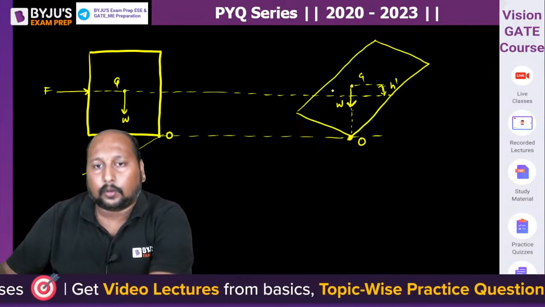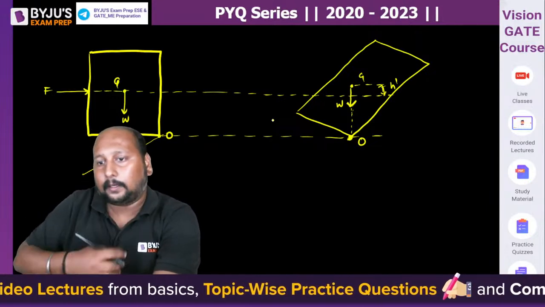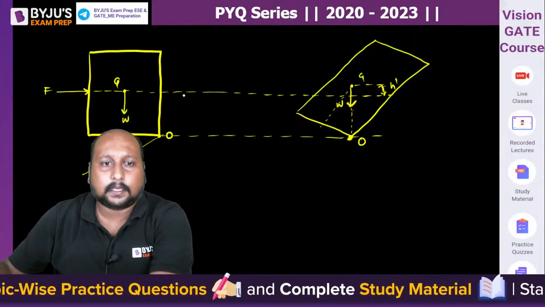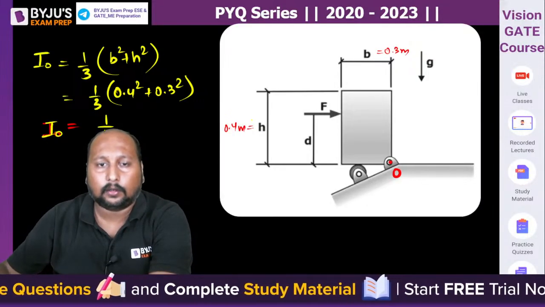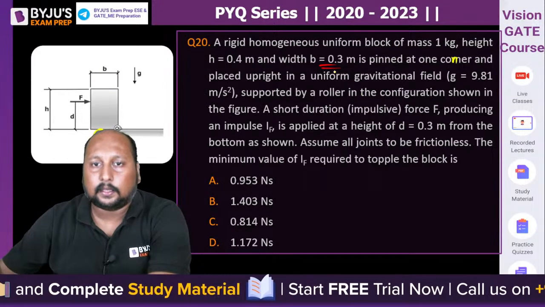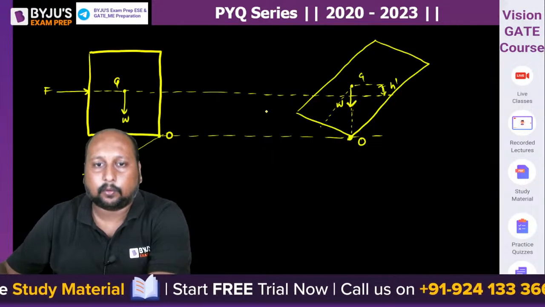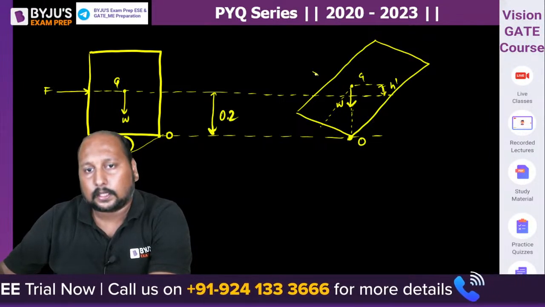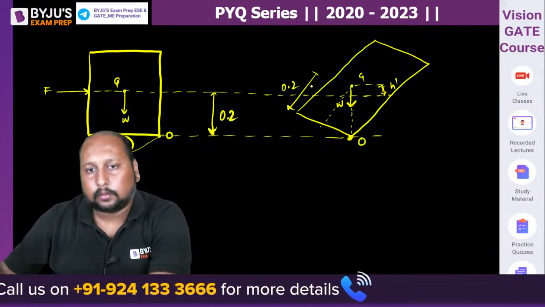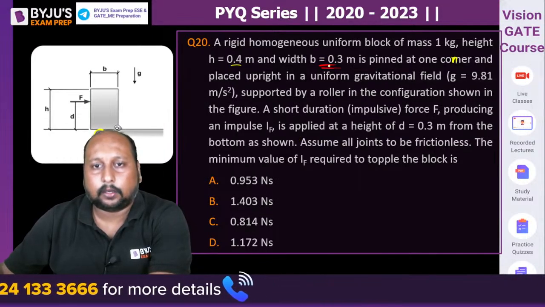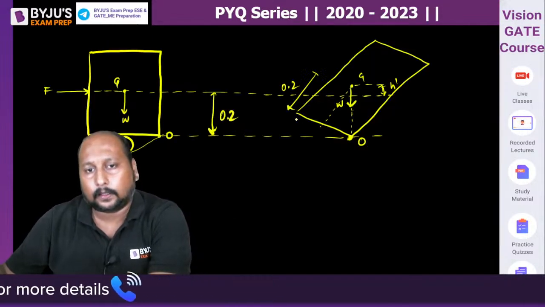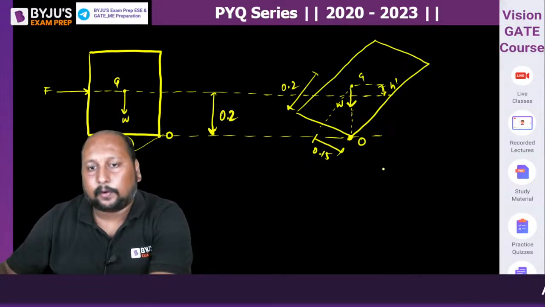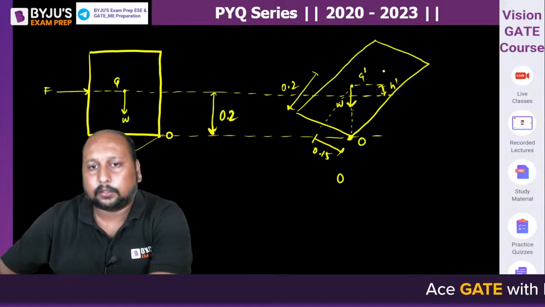Okay, so can we calculate this h dash height? Anyone? If I try to take this triangle, what is this distance? This height is 0.4. ये आपका 0.4 है, height just center पे होगा, so this is 0.2. What is this distance? That is equal to 0.3. This is 0.3. This is 0.15. So can we calculate OG? This is G dash.